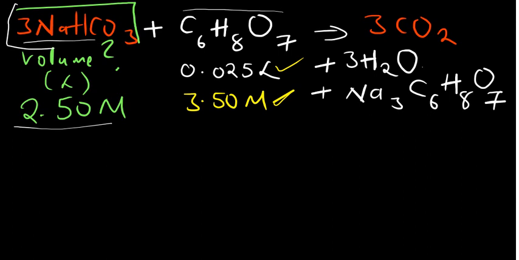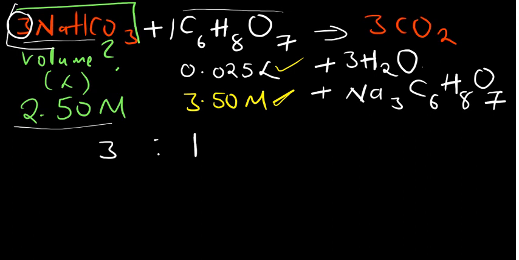So Mr. Siame is saying that we get the mole ratios from the equation, right? If you look at the equation, sodium hydrogen carbonate is in the ratio of 3 to 1 to the other reactant, the citric acid. So they are in the ratio of 3 to 1.